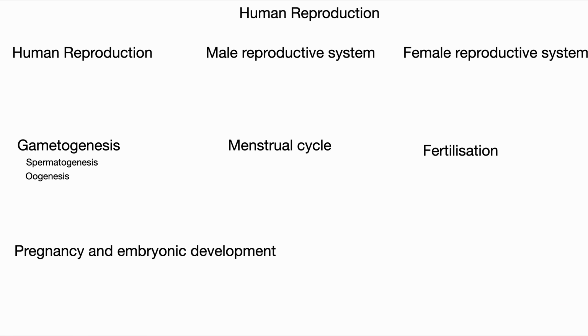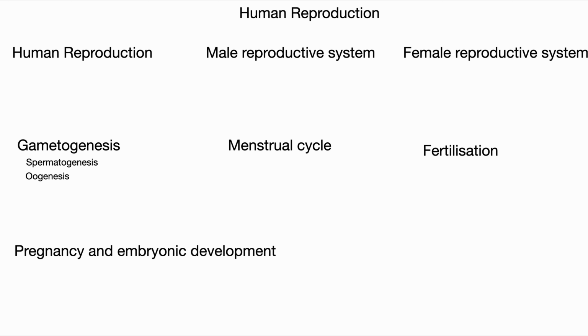Now let us see about pregnancy and embryonic development. Now we know that the blastocyst is present inside the uterine lining. We also know that there is an outer layer of trophoblast cells and an inner cell mass. We have to see what structures are derived from the outer trophoblastic layer and the inner cell mass.